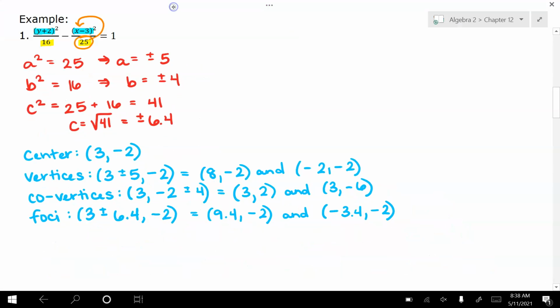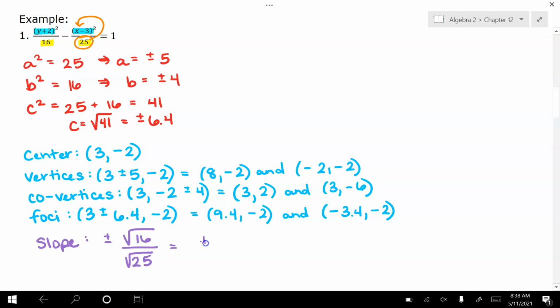The last thing that I would want to find is that slope, just so I have an idea of where my asymptotes are going to be. Now we can still use, like we did yesterday, that box that we drew in and then draw those diagonals in, but this is just going to state what the asymptote should really be. So you're still going to do the square root of the number underneath the y on top, so that would be 16, over the square root of the number underneath the x term, which is the 25.